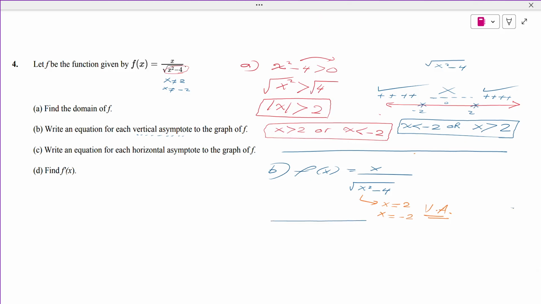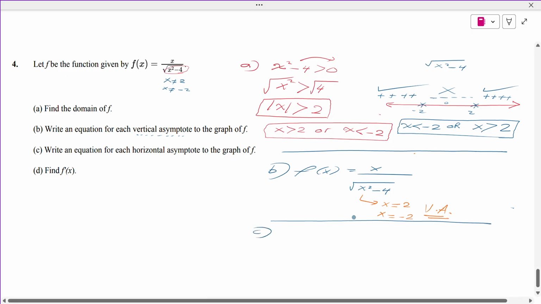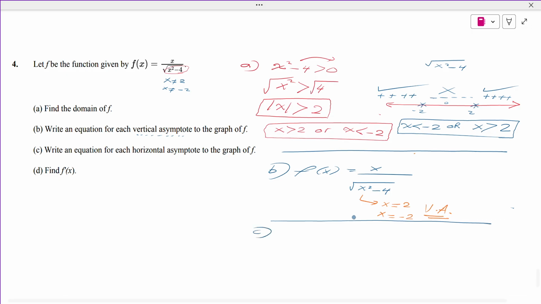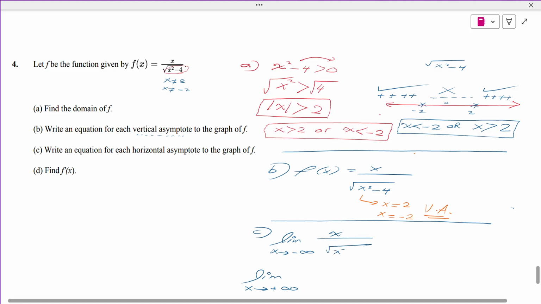Now part C: find the horizontal asymptote to the graph. To find the horizontal asymptote, you need to find the limit of the function x over root of x squared minus 4 as x approaches negative infinity, and as x approaches positive infinity.